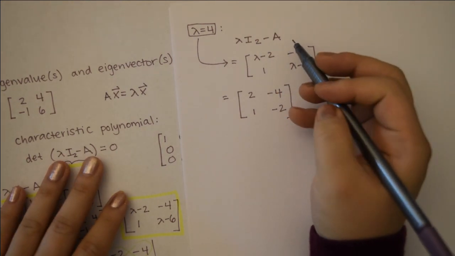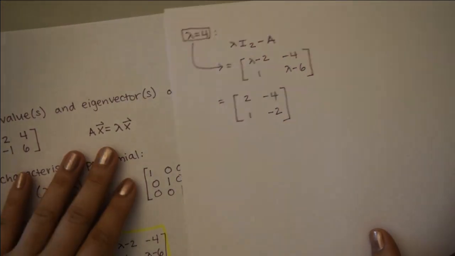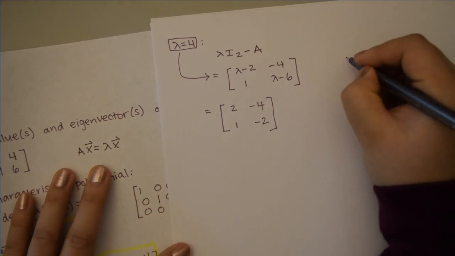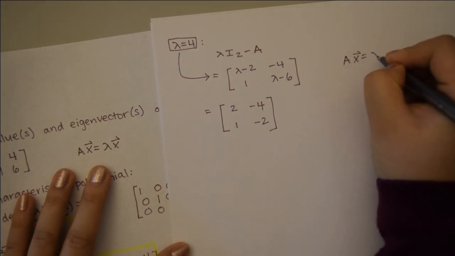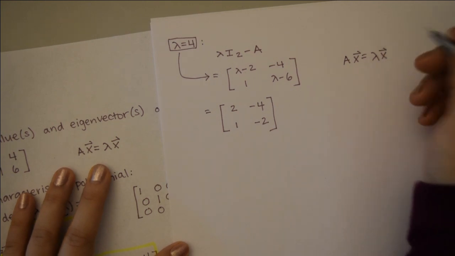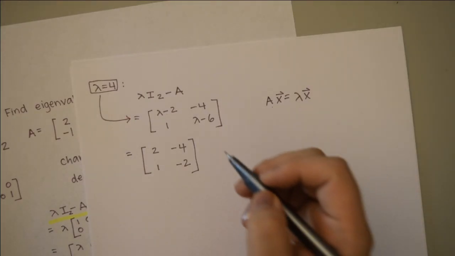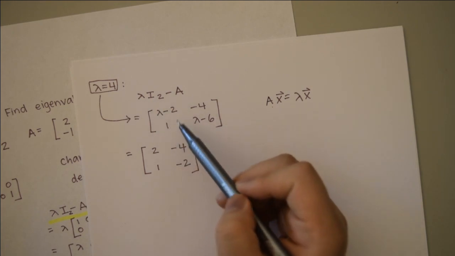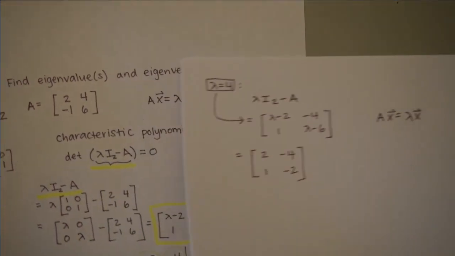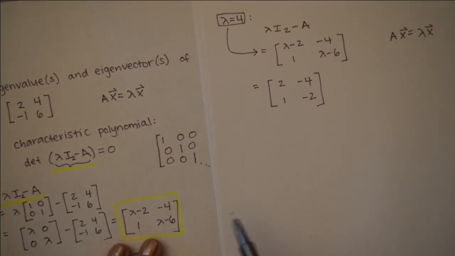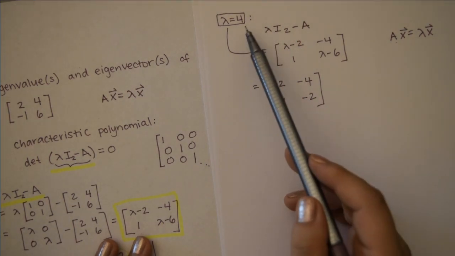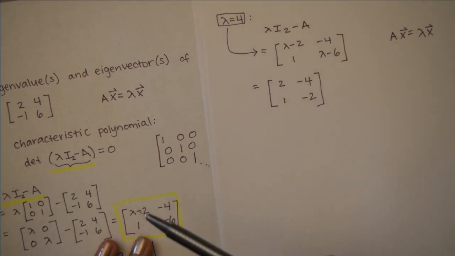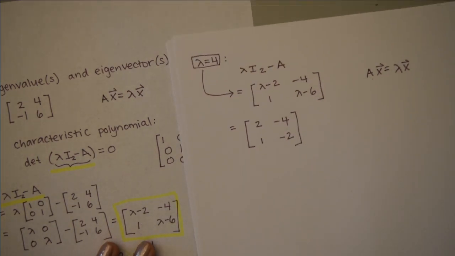So what I just did here is basically found lambda I2 minus A. Remember that we're trying to find Ax equals lambda x. Since we already did the general calculation in terms of lambda, now that we have lambda equals 4, I just plugged that in.